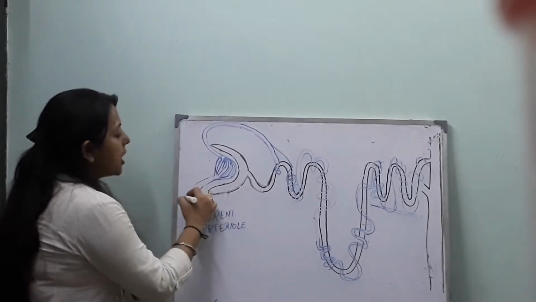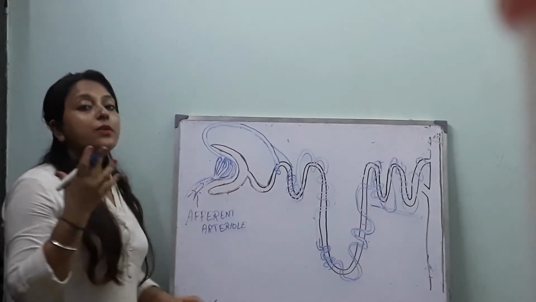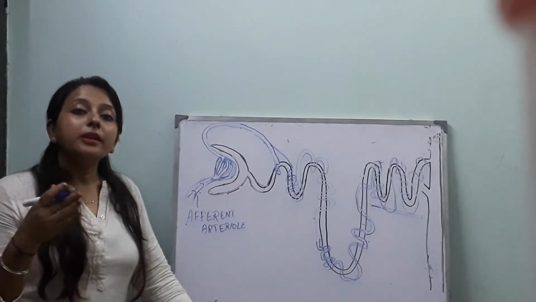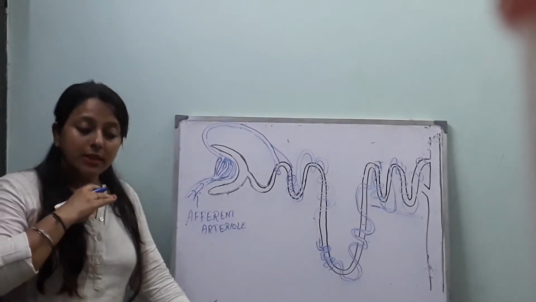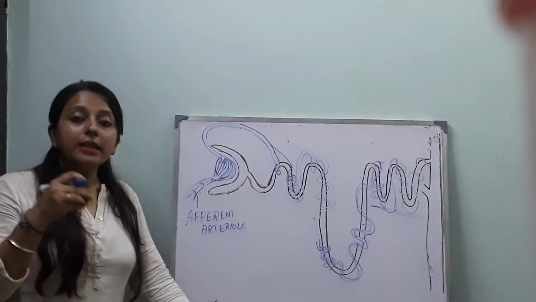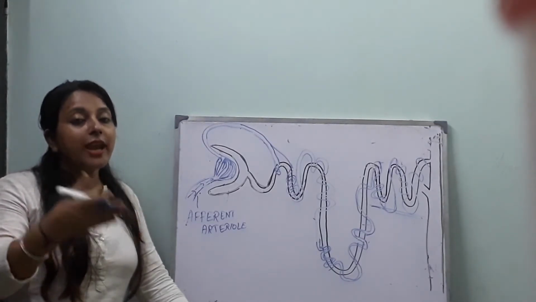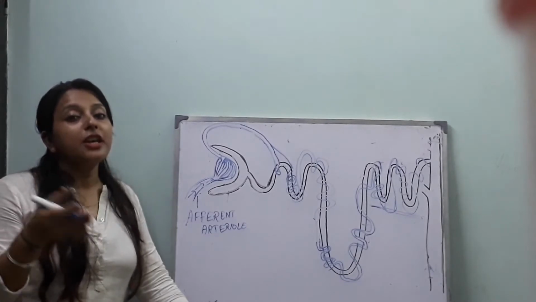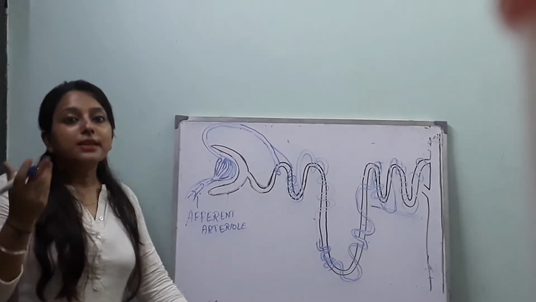The afferent arteriole brings blood. Every time the kidney forms urine, because continuously cells bring nitrogenous waste into the blood, and this blood brings the nitrogenous waste into the kidney, and the kidney all the time acts as a filtering machine.